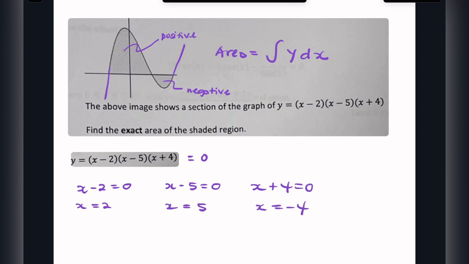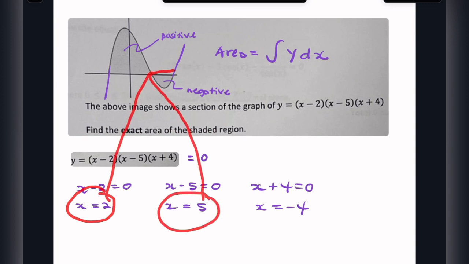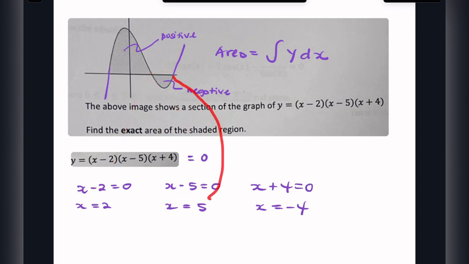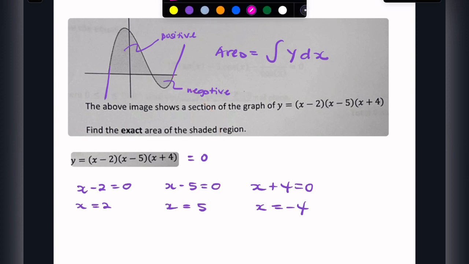So thinking about the graph, minus 4 is going to be the first one, 2 is going to be the second one, and 5 is going to be this third one. So we can label our graph minus 4, 2, and 5.